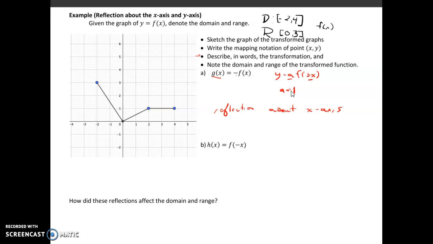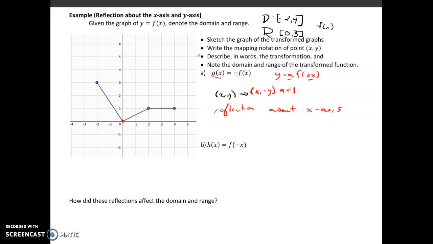Now the mapping notation is also important. I start off with point x, y, and I transform that. Now I'm going to switch to red. It should come to point, if I reflect about the x-axis, x comma -y. So this was (-2, 3).